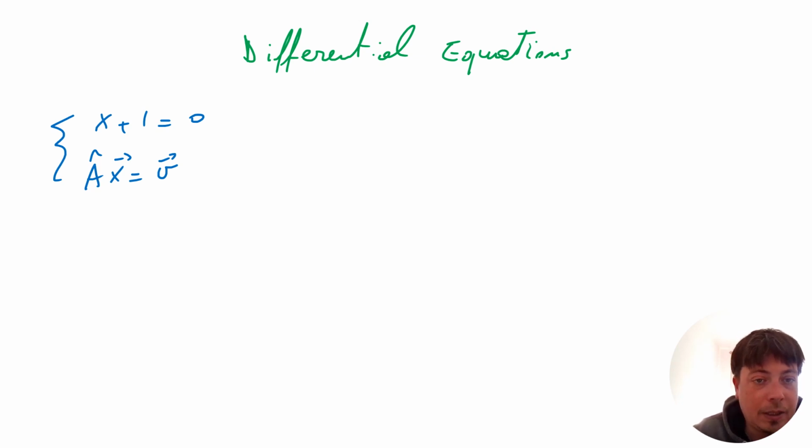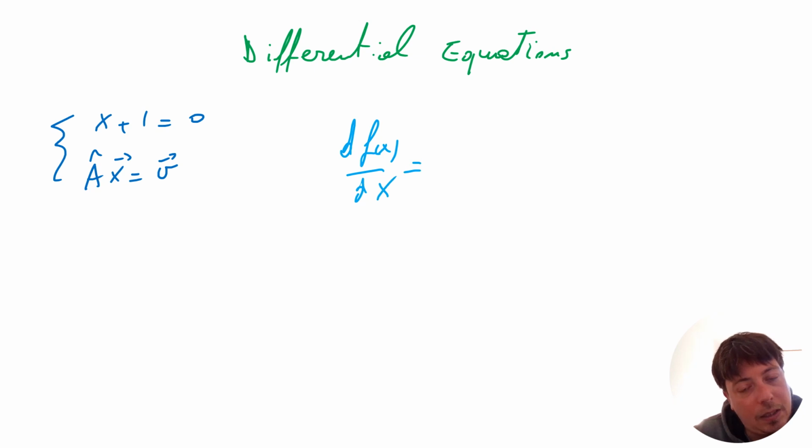For example, the derivative of f of x over dx is equal to x. So which is the function that, when you differentiate it, gives x? In this case we can integrate.